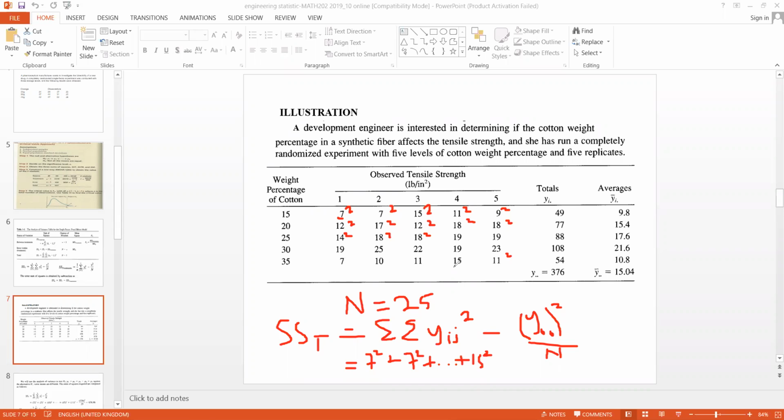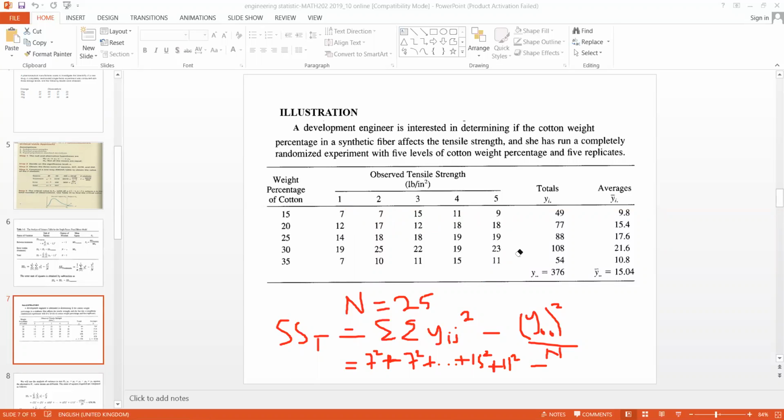This is a 15 here. Plus the last term, which is 11 squared. Then minus Y naught naught. Y naught naught is the total of every data set you have, the sum of the entire data.